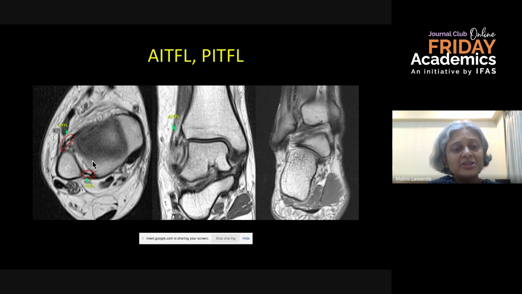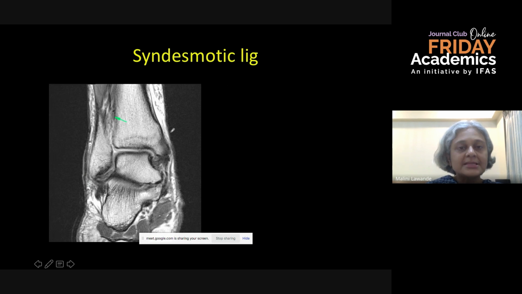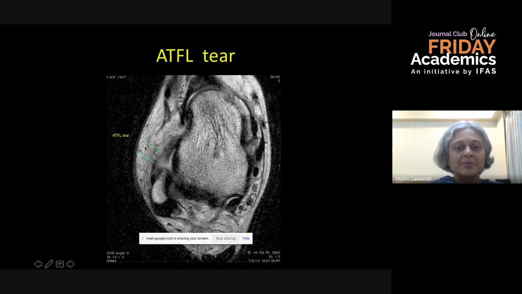So these non-fat saturated proton density images are very good, because fat acts like a natural contrast, showing these ligaments very well. On the coronal images, again, we can see the AITFL and the PITFL very well. And this is the syndesmotic ligament. You can see here the distal portion of the interosseous membrane. So you can see all the ligaments very well on these images.